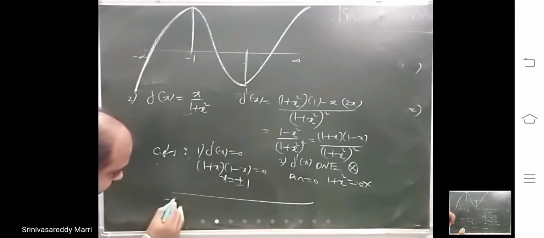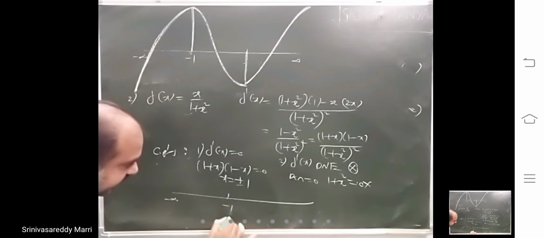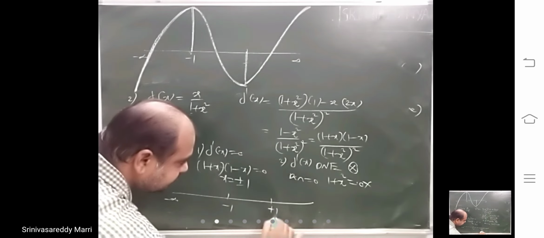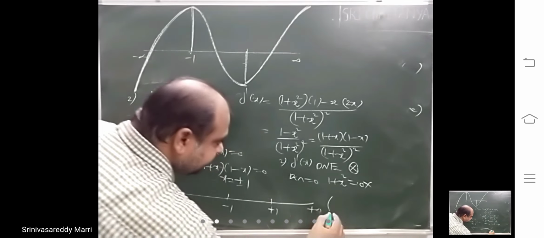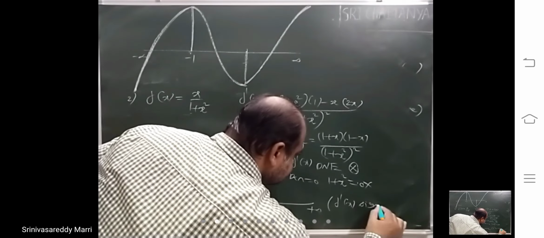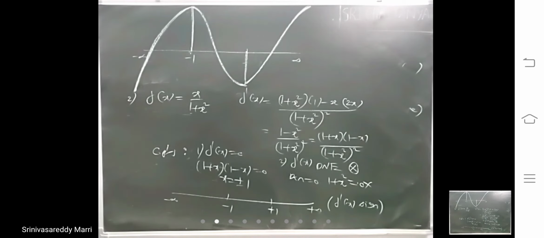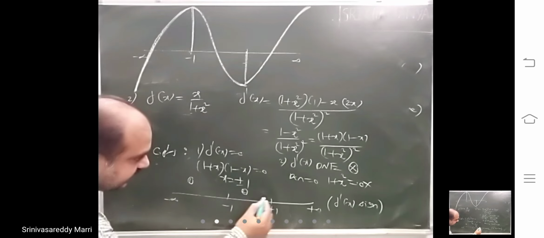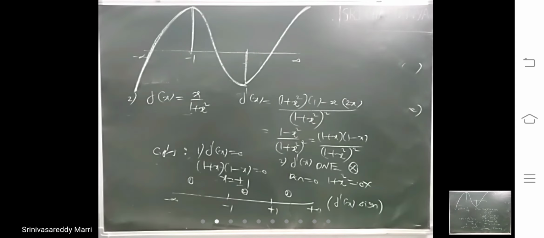Now look at, you mark these points minus 1, plus 1, and infinity. This is the f dash x sign diagram. Three intervals are formed. In the first interval, let us give the sign.